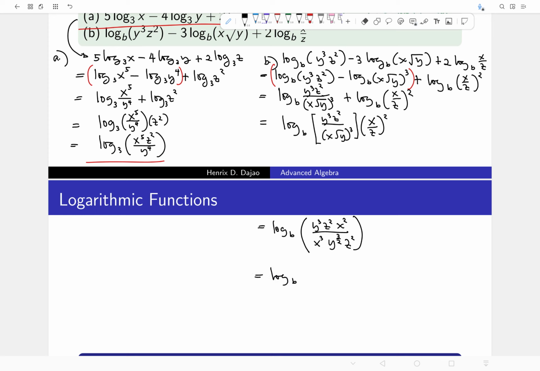So for x, it's clear that that's x already. Just have to cancel this out. Then you're left with 1. So that's why x raised to 1. Z2, 2 over 2, so that's cancelled out.